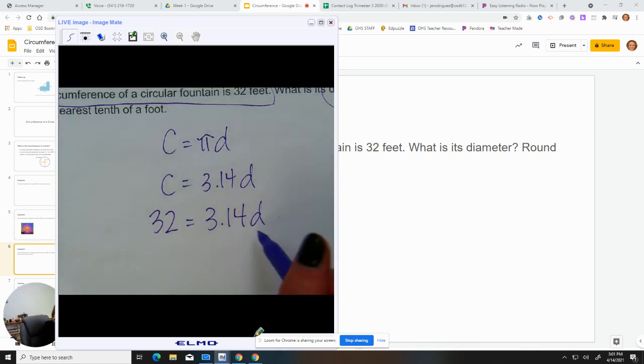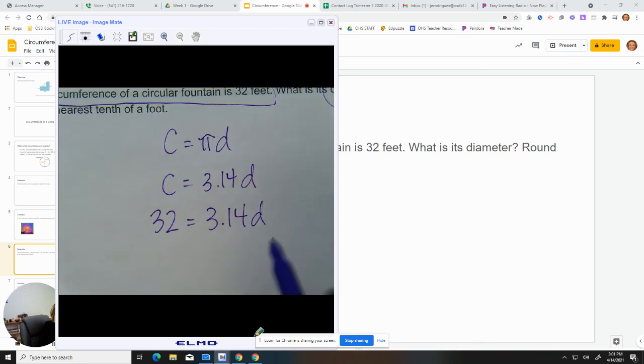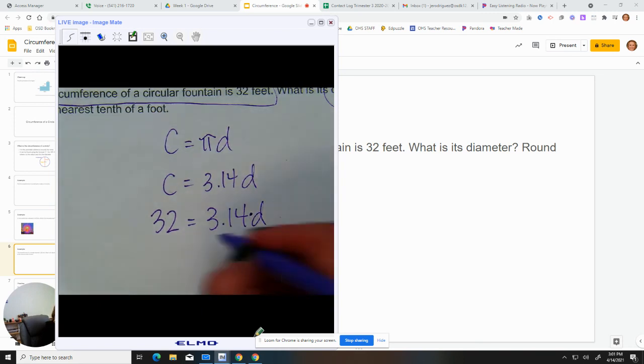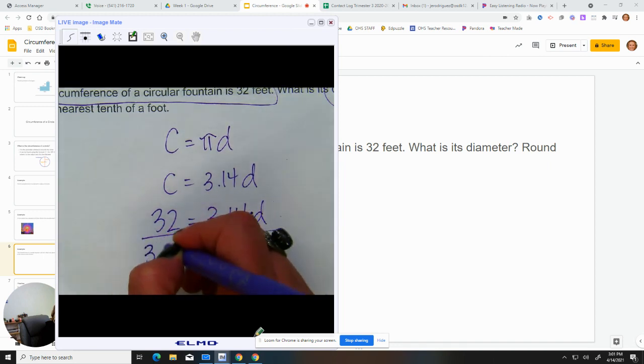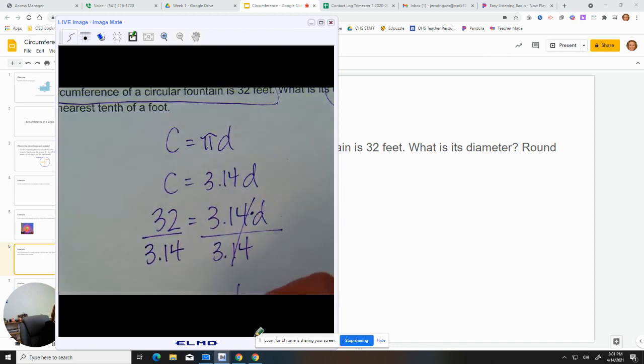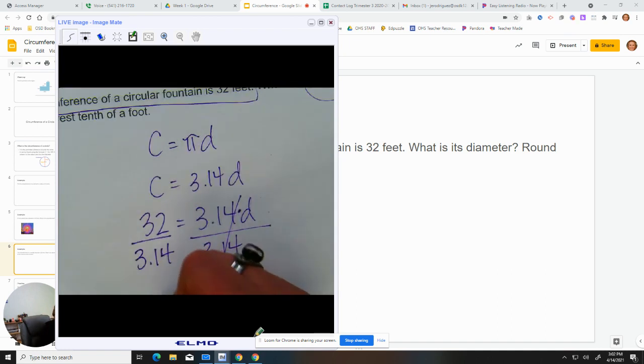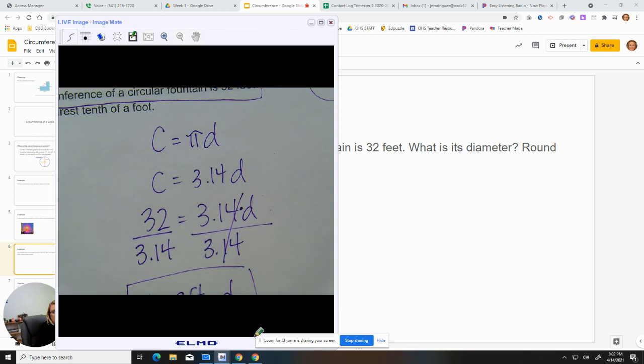Okay, and now to solve for the diameter, we work backwards. This is multiply. The opposite of multiply is divide. So D is equal to 32 divided by 3.14, or 10.19 feet would be the diameter.